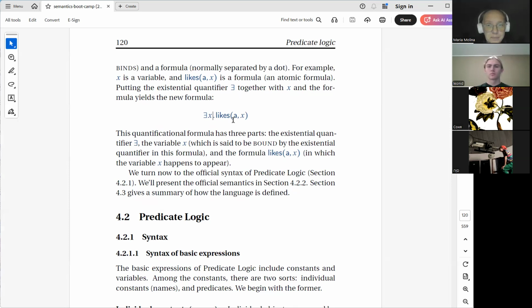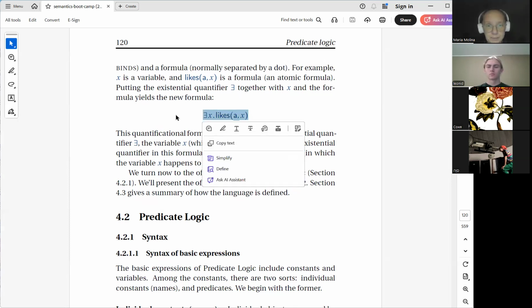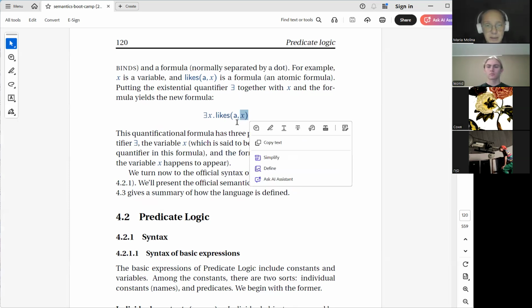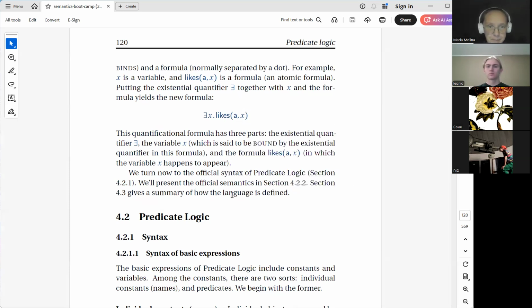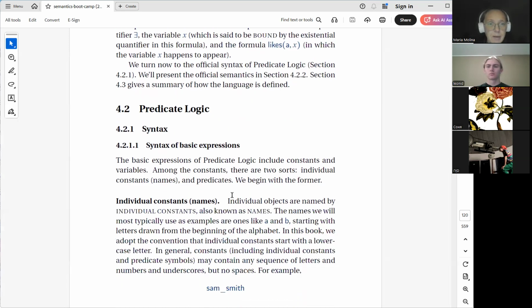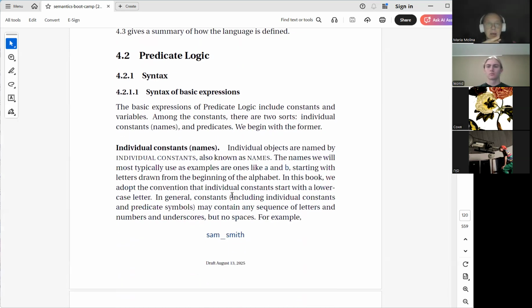And the third part is the whole formula where the variable appears. Okay. Questions here? Is everything clear? I hope so.